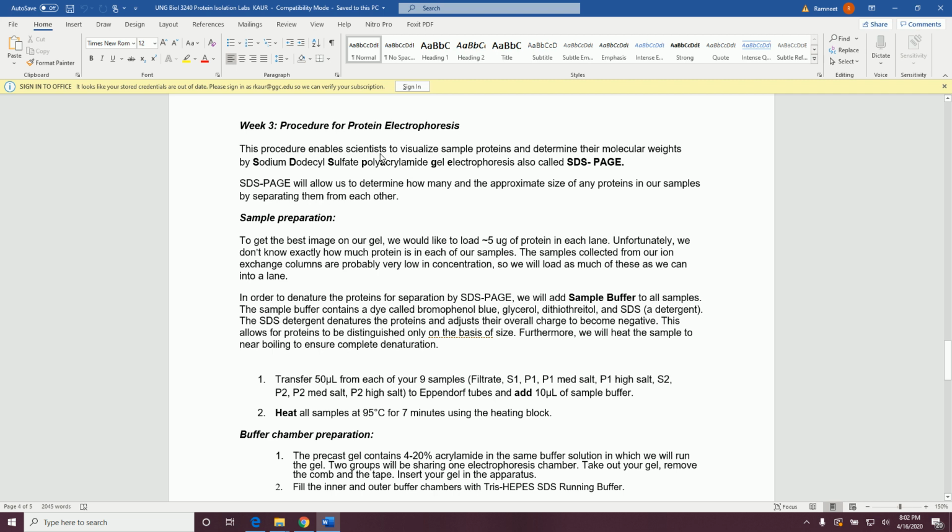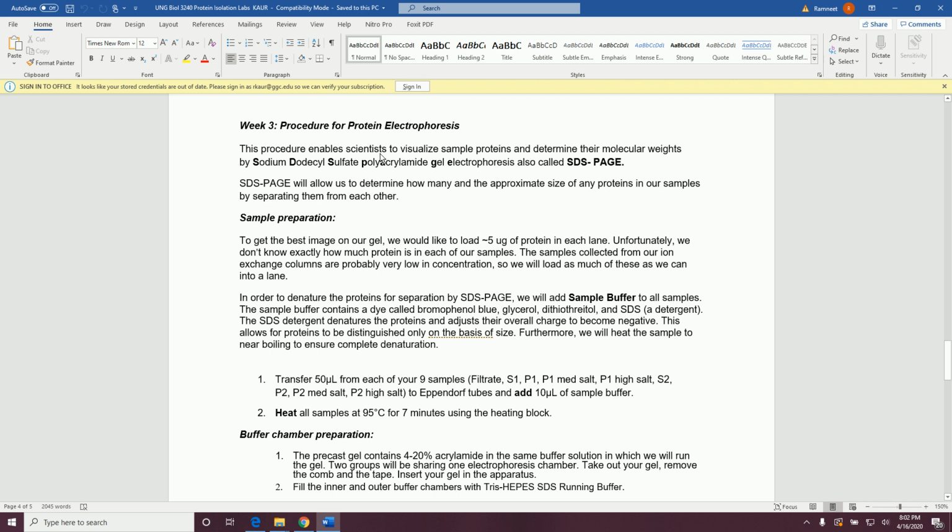That is why when these denatured proteins run on this gel, they run on the basis of their molecular weight and not on the basis of charge, because the charge on these polypeptide chains becomes negative because of the presence of SDS.